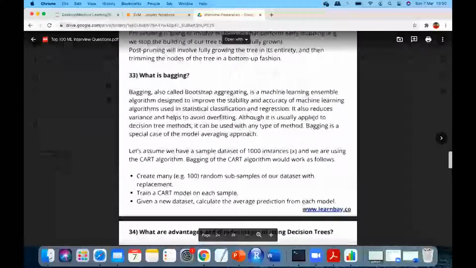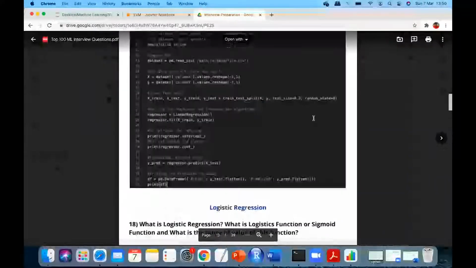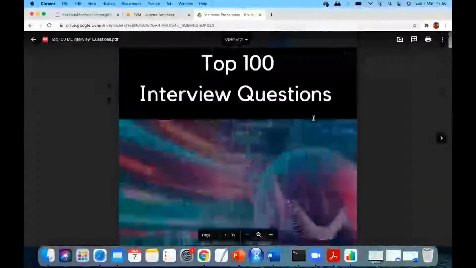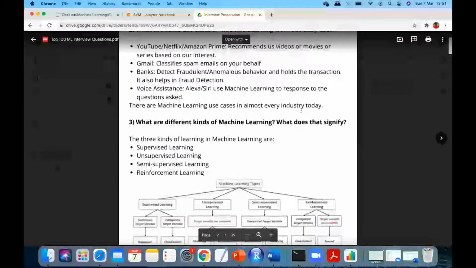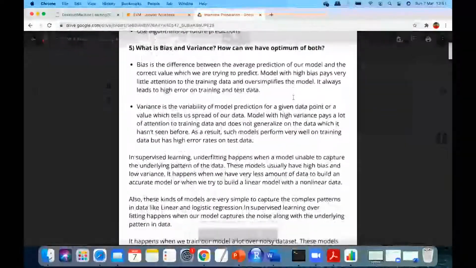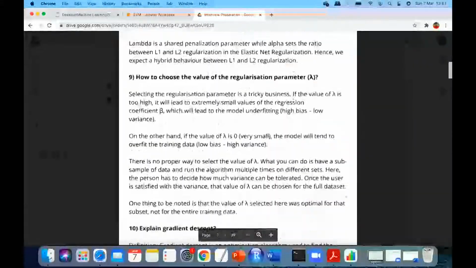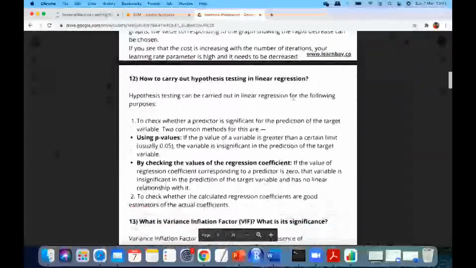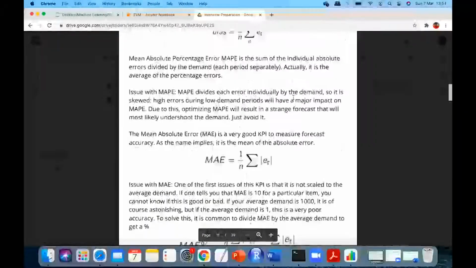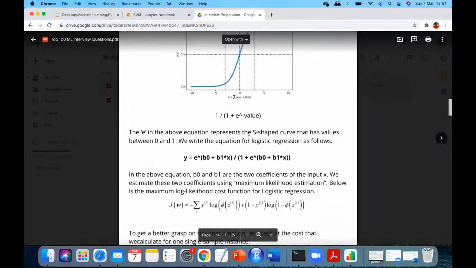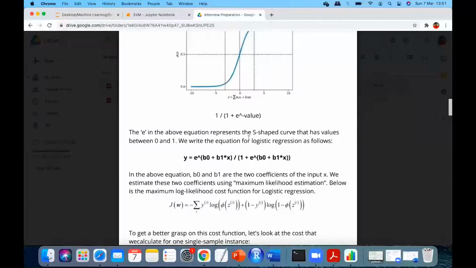Okay, so if you see, for example, the top 100 questions, it is starting from very basic: bias variance, how can we have an optimum? So basically we have studied everything, but the theoretical parts of it. Your first reference is obviously going to be your notebook, because the way we explained it, the sigmoid function is not that explainable here.